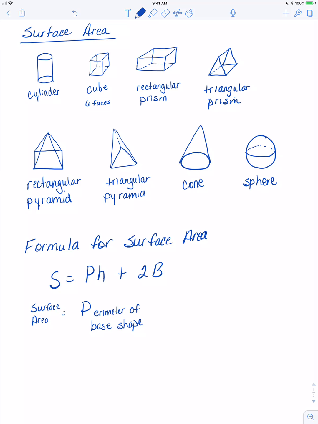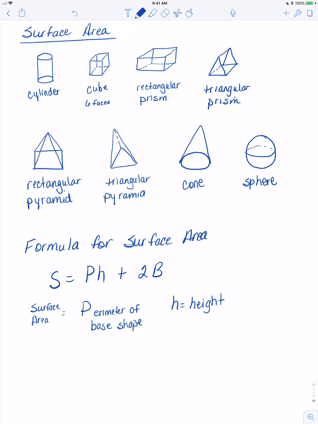Or the perimeter, the base shape of a cube or rectangular prism is going to be that square, that rectangle. So we just add up all those sides. The perimeter of a triangle, you're adding up all those sides. So you're always looking for that base, the base shape, the shape that goes all the way through the object. That's the perimeter.